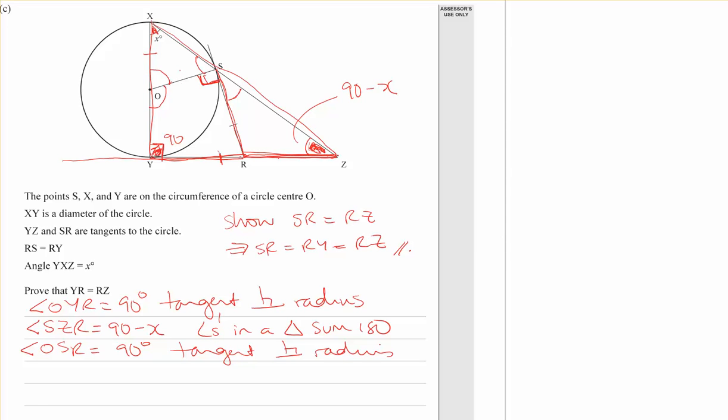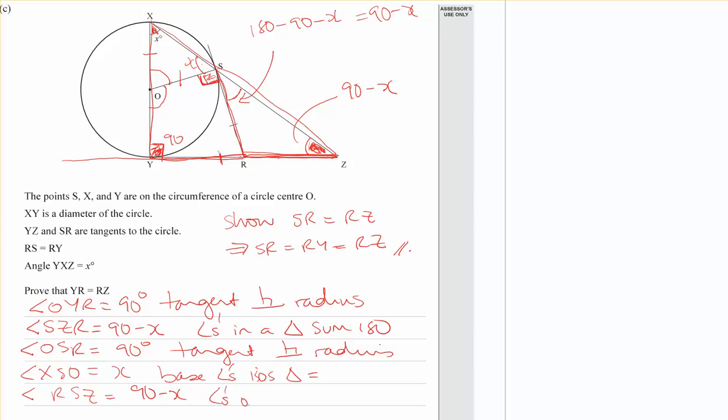You can see I've got an isosceles triangle, so that would make angle XSO equal to x, and that's base angles in an isosceles triangle are equal, so that would be x. Therefore that one in there must equal 180 minus 90 minus x, which would be the same as 90 minus x, and that's angles on a straight line.